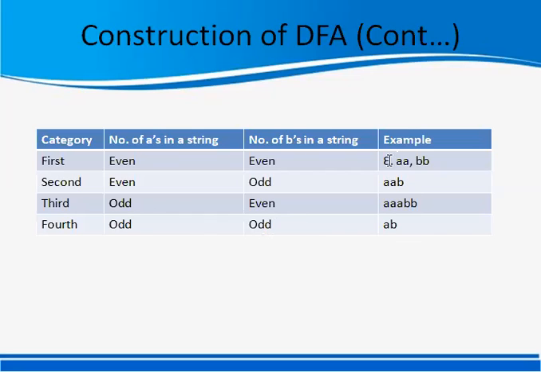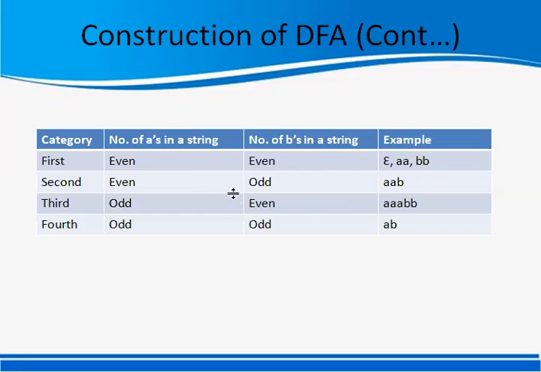I have written a few examples also. For even number of a's and even number of b's, examples are epsilon, that is the empty string, AA and BB. The string AA has an even number of a's and an even number of b's. In the string BB, here also we have an even number of a's and an even number of b's.